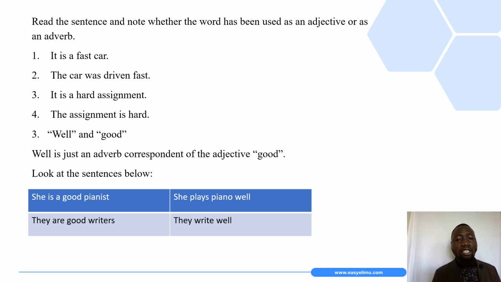Using well, we can still say that she plays piano well. The second pair has the sentence, they are good writers. If we are to rewrite that using well, then we will simply say that they write well. The only difference is that the word well now appears at the end of those sentences.